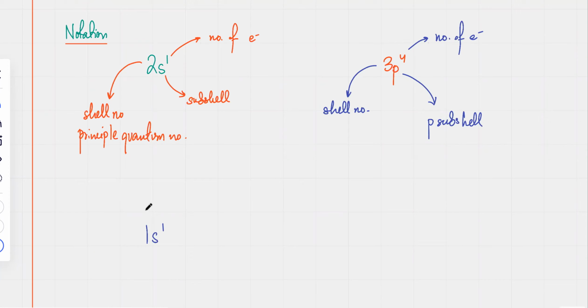Then you have an electron in an s subshell, but now in the second shell, and another in an s subshell with energy level 3. So the shell number keeps on increasing. This is shell number 1, this is shell number 2, and this is the same electron in shell number 3.